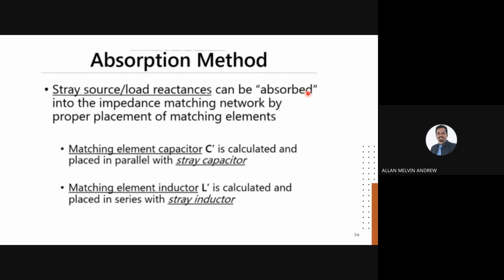Why is absorption very important? Because it can simplify the complex circuit. Instead of using three components, you combine them and make one component. That is what we call absorb. Absorb in Bahasa Melayu is serap. So three become one. That is what the absorption method is about.